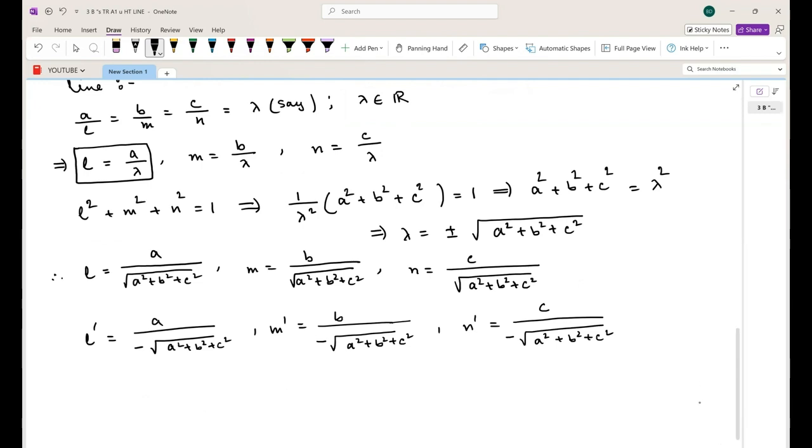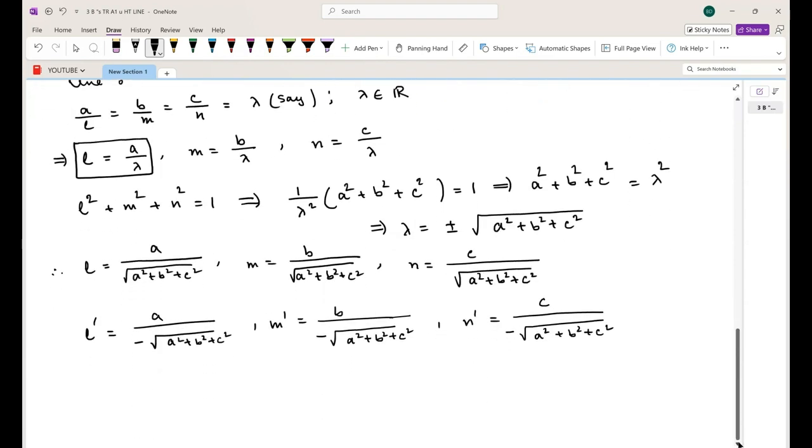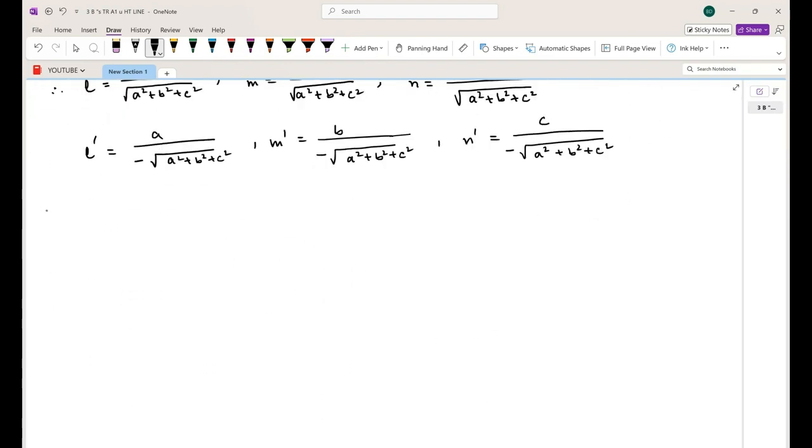Next topic that we will do is, suppose 2 points are given on a line. The coordinates of 2 points are given which lie on a line. How to find the DRs and the DCs of that line?